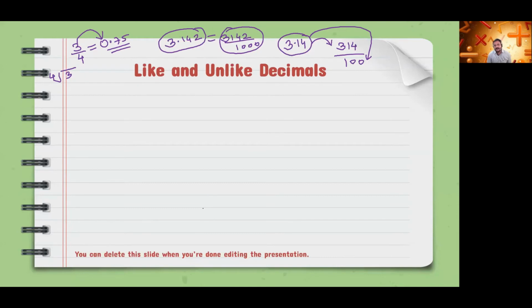Is it clear to you? We can convert one into the other. That's why immediately after fractions, your chapter is decimals, because there is a relationship between them. Is it clear to you? Please give the response in the chat box.